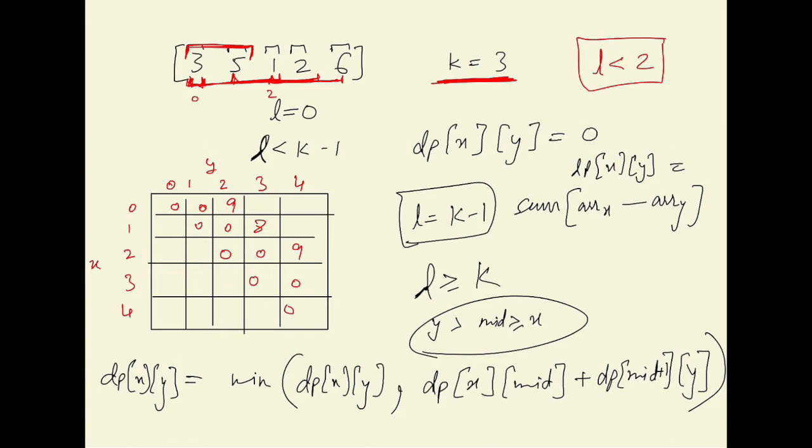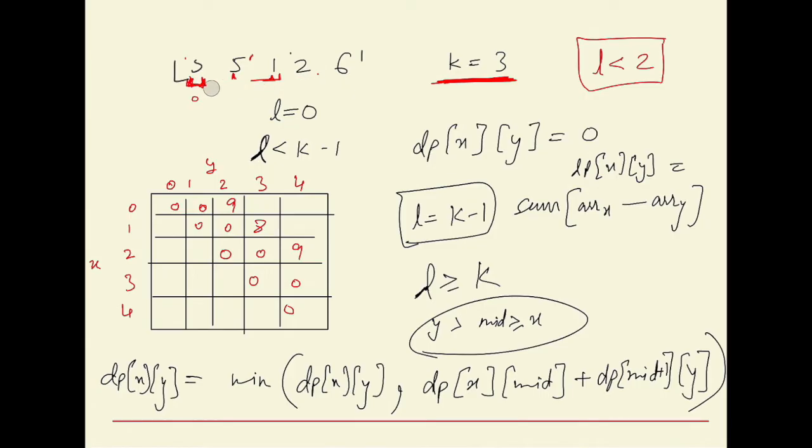So now what does this expression here mean? This means that if we have the array 3, 5, 1, 2, 6, and we are considering L equal to 3, which means a subarray of size 4.